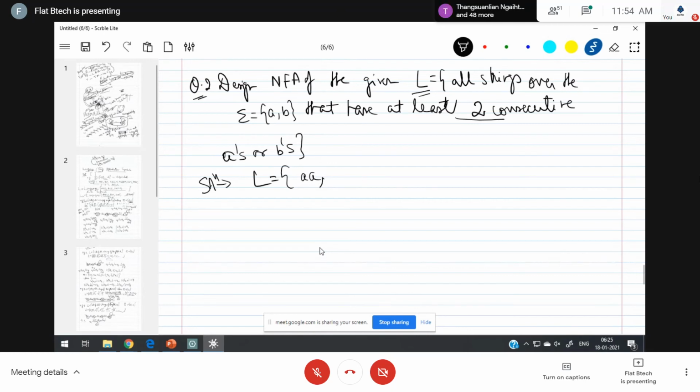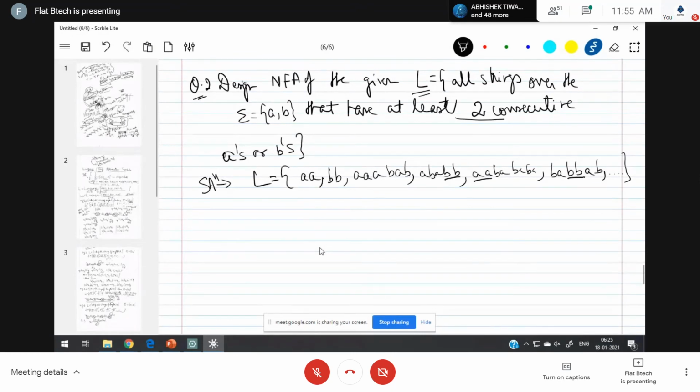As per this condition, your machine should accept aa or bb, and also strings like a, b, b, a, b, b, which consist of bb somewhere. This is the language.